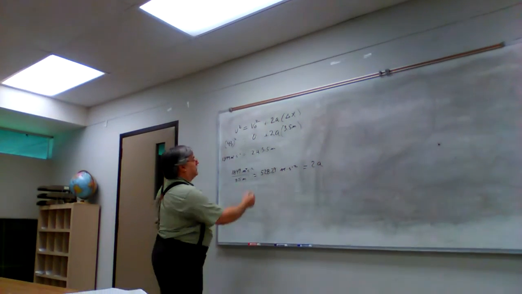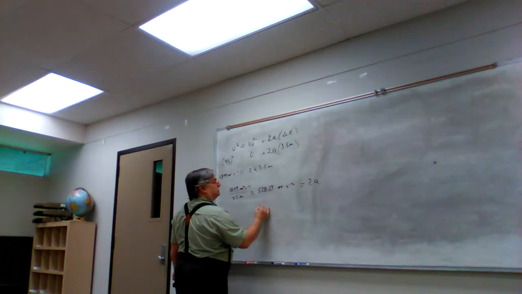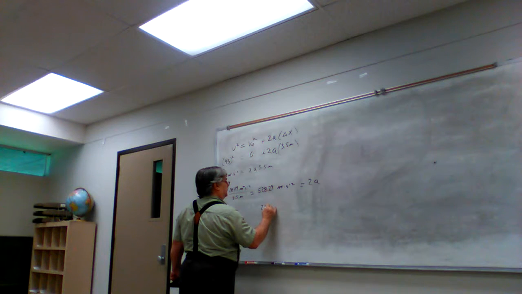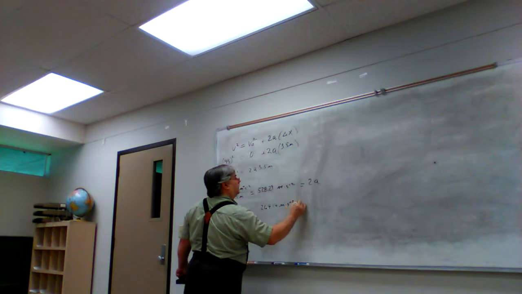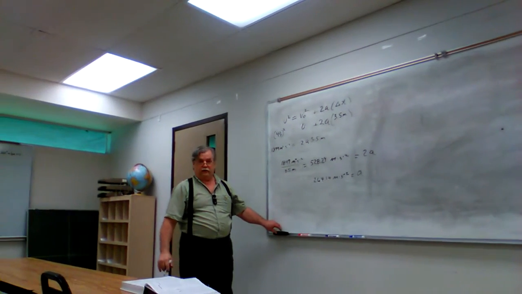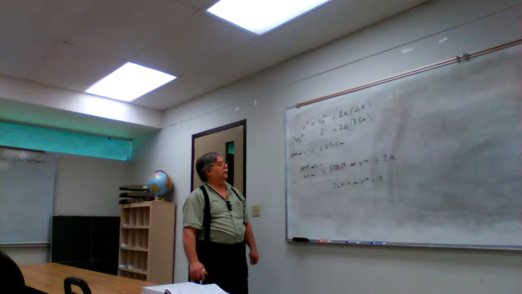So divide that last number you got by 2, and what do we get? Meters per second squared equals a. We got the right units that we wanted, meters per second squared.